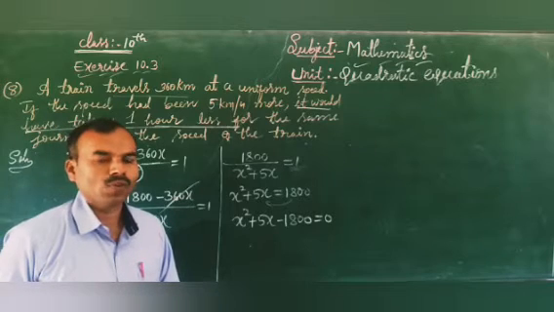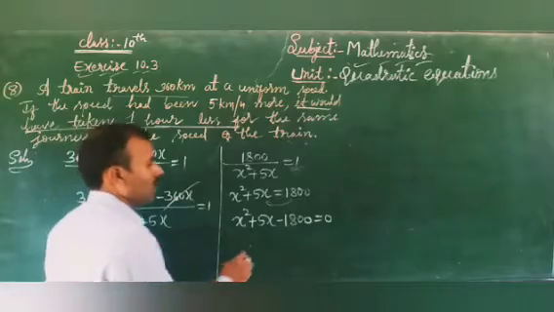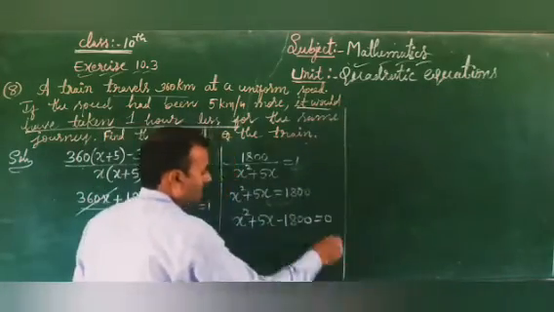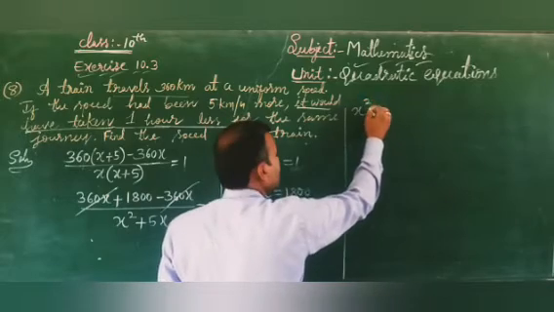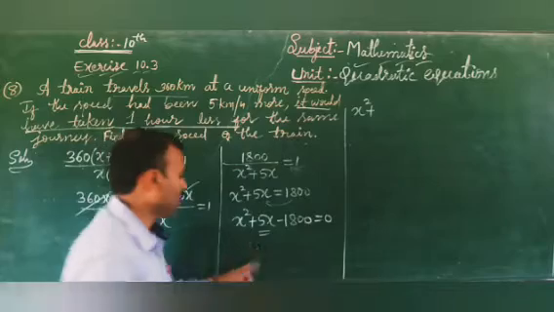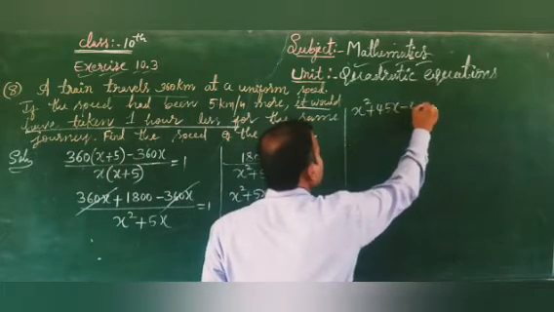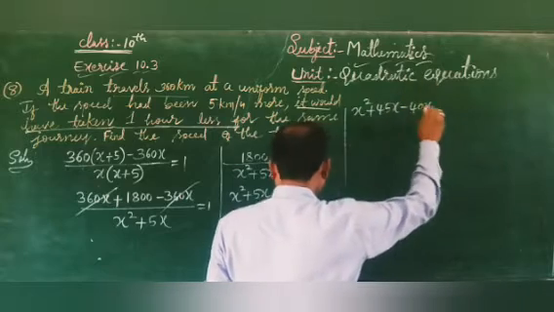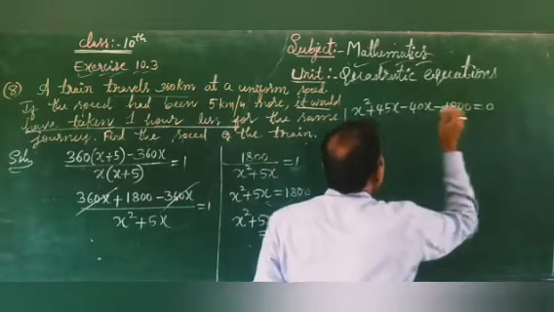Yes, those are 45 and 40, right? Here x square, instead of 5x, I write 45x minus 40x minus 1800 is equal to 0.